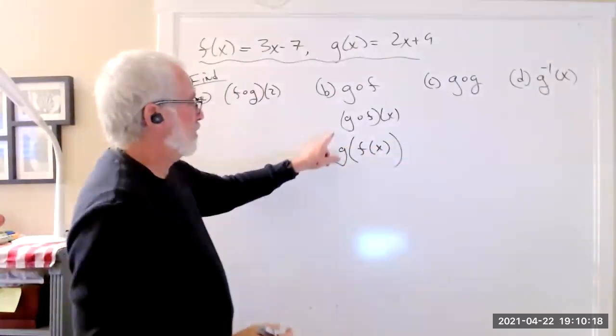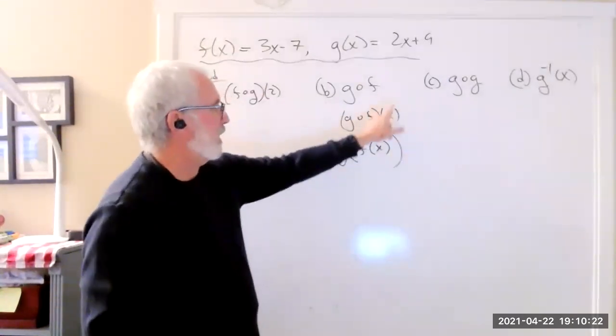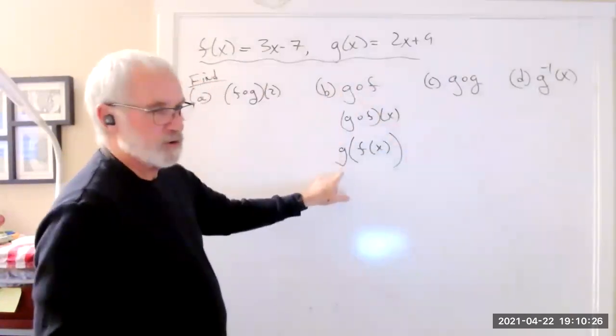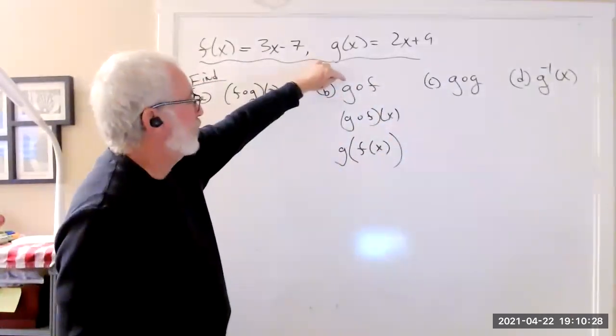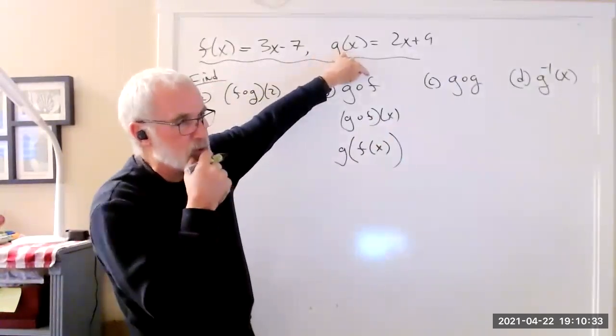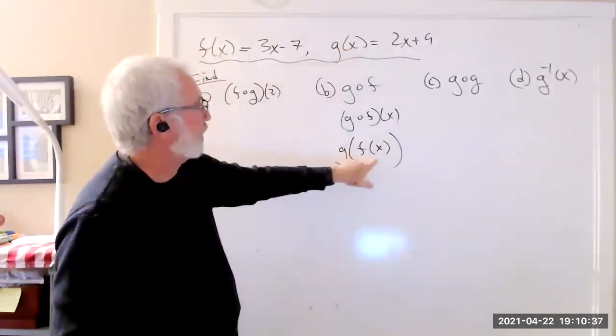We say it from left to right, but as we actually write it, we put the x into the f function and we put the f function into the g function. So this notation, g circle f, means g of f of x.